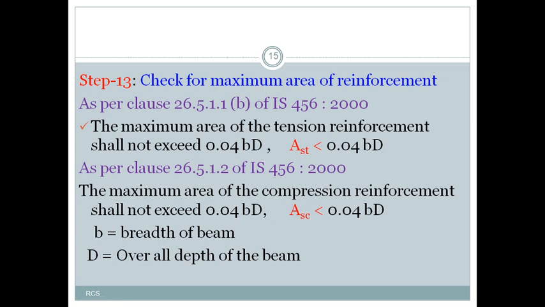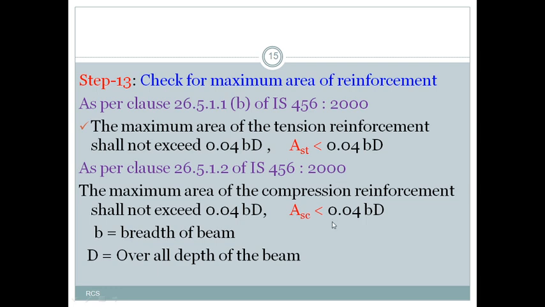The total reinforcement combines your area of steel in tension and area of steel in compression. So altogether, the total area of reinforcement should not be more than 8% of the gross cross-sectional area. That is 4%, and 4%, altogether 8%. The questions may ask like that also.